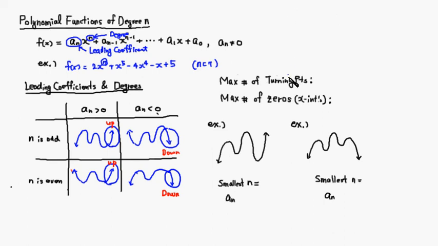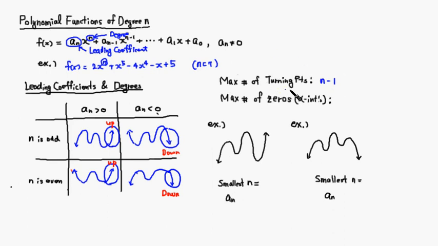What we can get from the degree is the maximum number of turning points. If the degree is n, the graph can turn at most n minus 1 times. So if the degree is 7, it can turn up to 6 times.